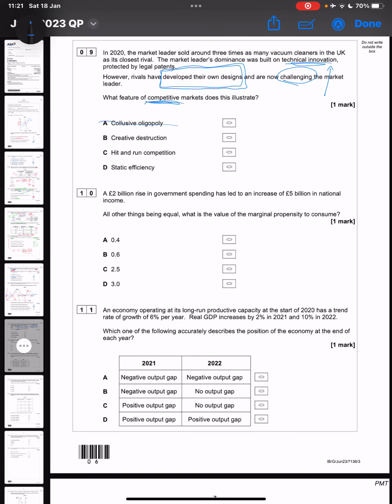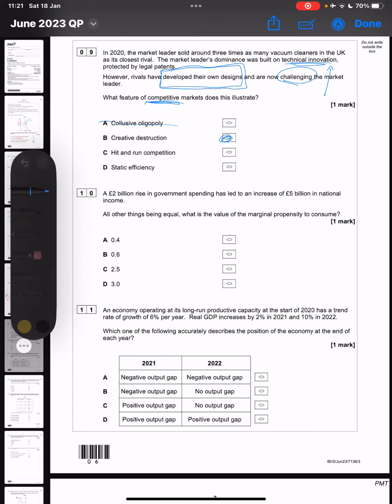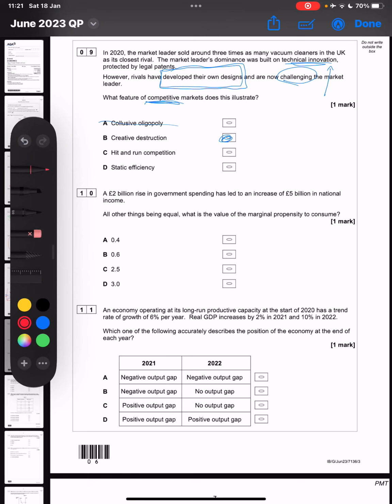So I don't think it's collusive oligopoly. This is the one, Joseph Schumpeter, creative destruction, that competitive markets are always destroying things by innovating. That sounds about right. So the next question is we need to work out the marginal propensity to consume.